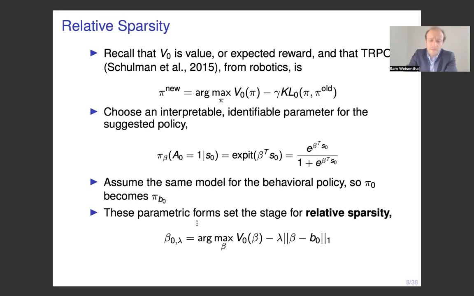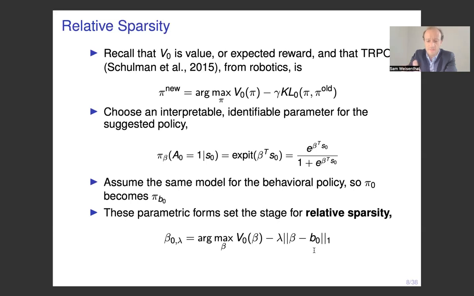So these parametric forms set the stage for what we call relative sparsity. We are also increasing expected reward, but we are imposing an L1 norm penalty on the difference between the parameter of the policy we're optimizing over and the parameter of the behavioral policy. However you choose to represent these two parameters, if you can define some kind of sparsity on them, in theory, this method applies.